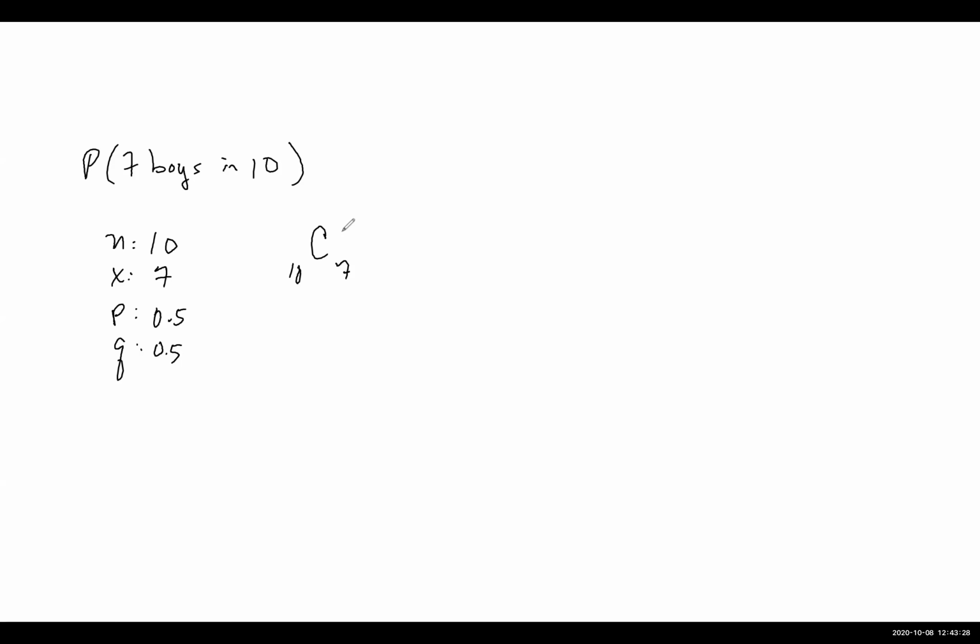So you need to first figure out how many different groupings of 7 there are when you have 10. That's why this falls into this formula. And then we have the probability of success, which is 0.5, raised to the X power, which is 7. The probability of failure, 0.5, raised to the N minus X, which is 10 minus 7, the third power. When you're done writing this out, your 2 exponents here should add up to your N, your 10.